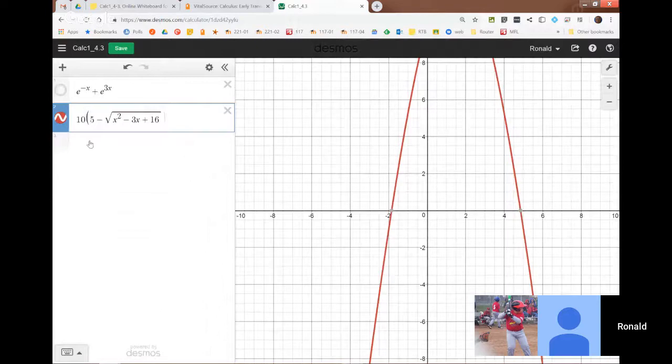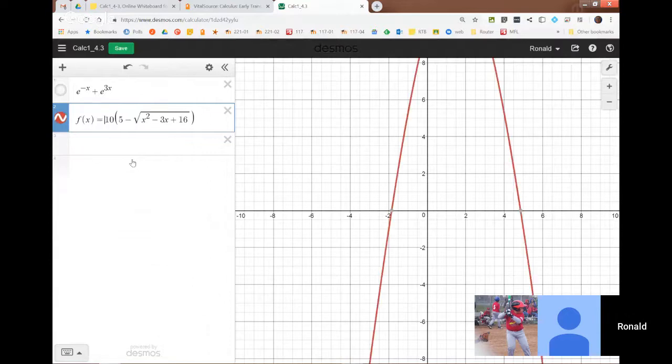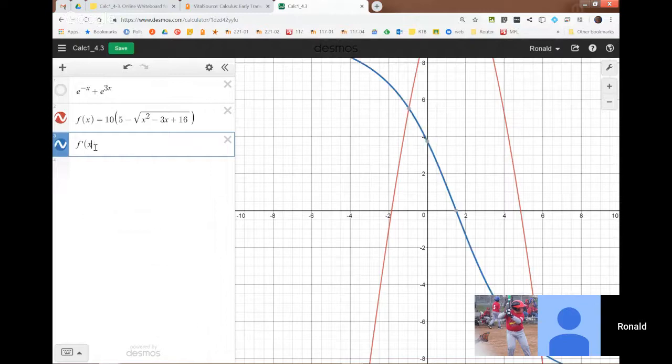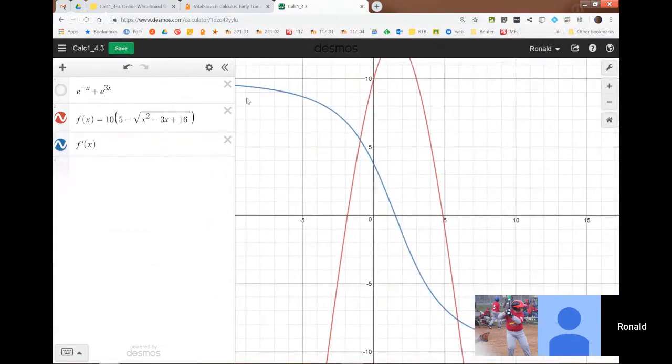Okay. So if we call this f of x, so that function I just type f of x, I never showed you this. You can do a derivative on Desmos. You can say f prime of x. So what Desmos actually plots in that second color is the derivative.